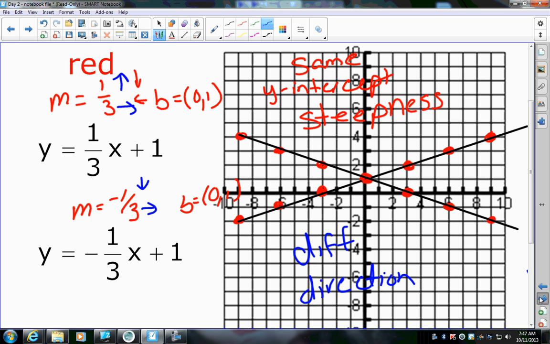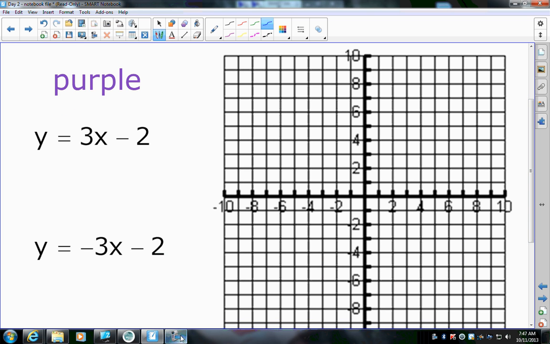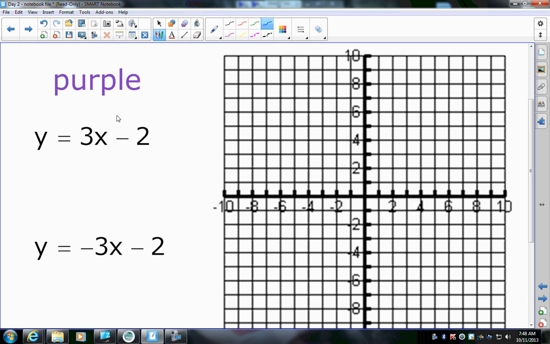Okay, take a minute now. Let's graph these two lines. I'm not going to use purple, I'm going to use blue. My slope is 3. My y-intercept is (0, -2). 3 over 1 is positive, so it's telling me to go up 3 to the right 1.